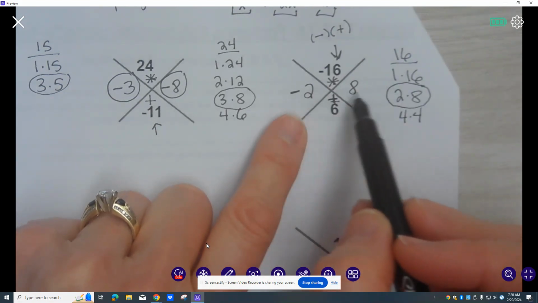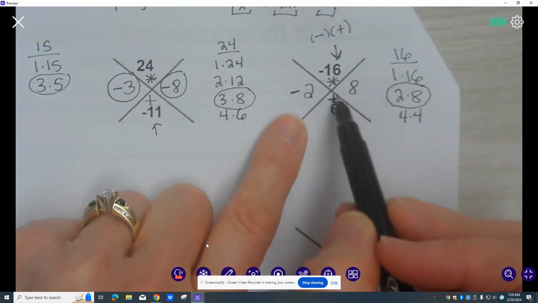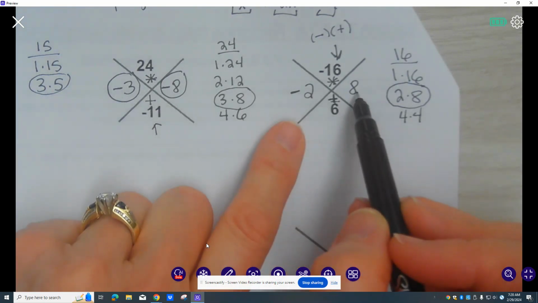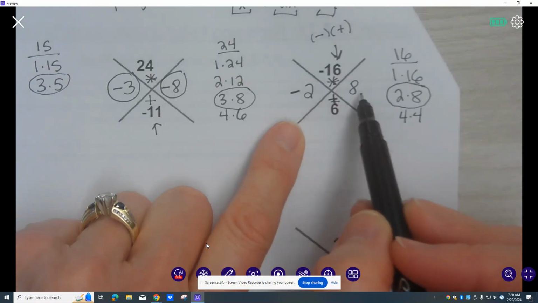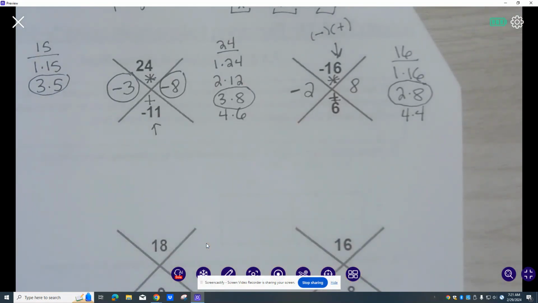So when I combine them, I'll have more positives than negatives. And this works. 8 minus 2 is 6. Negative 2 times 8 is negative 16. So that is how you do this first step of these X boxes.